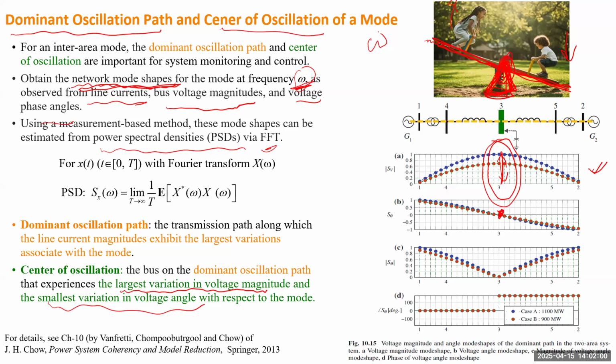You cause this bus 3 to vary a lot, so I will give you reactive power. I will mitigate this voltage variation. If you make this voltage variation smaller, that also reduces the oscillation. Even if it's not straightforward, it will give you a positive effect on the damping.